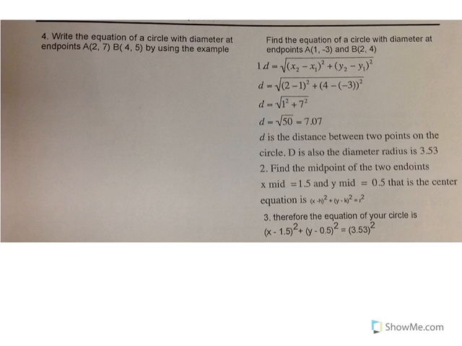Last but not least, we have: write the equation of a circle with diameter endpoints A (2, 7) and B (4, 5) by using the example. So we have our axes.